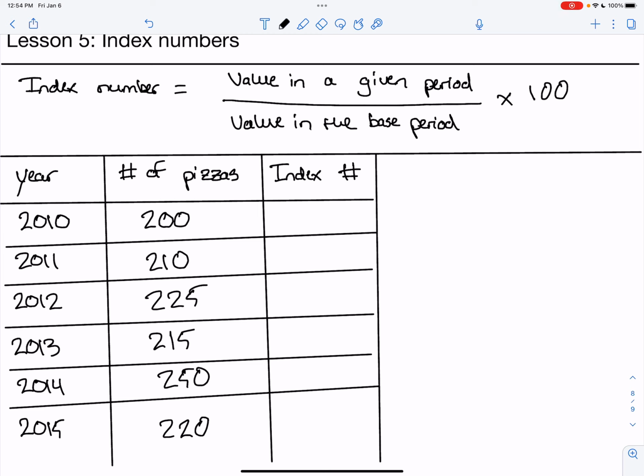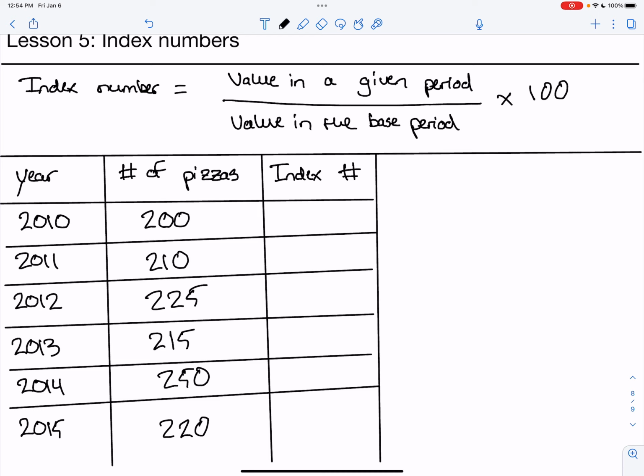There are a few things that are obvious by looking at these data. The first one is that pizza consumption definitely increased from 2010 to 2015. In fact, in every year starting in 2011, the pizzeria produced more pizzas than it did in 2010.